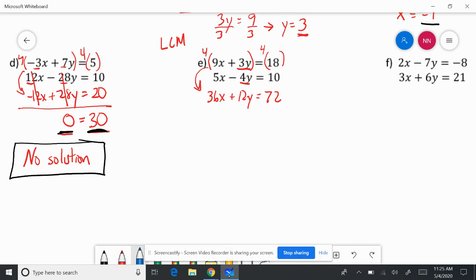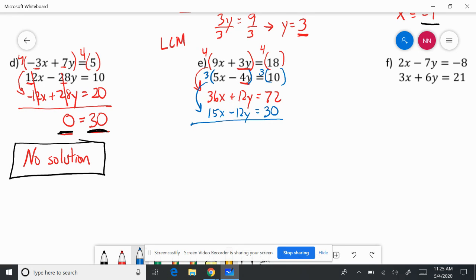Now I'm going to multiply the bottom equation. Once again, what I want are opposites. This is a 12, so I want a negative 12. It's already a negative 4, so I'm going to multiply it by 3. When I multiply it by 3, I get 15x minus 12y equals 30.